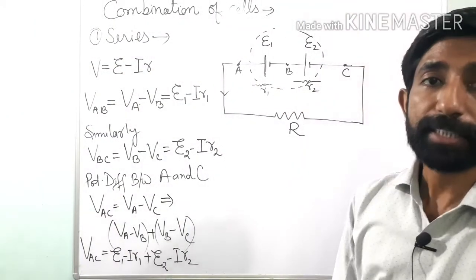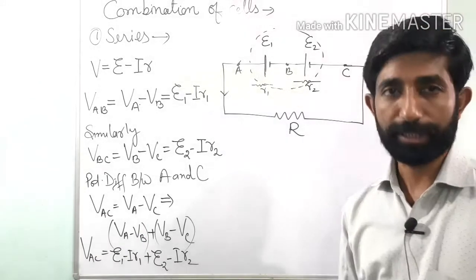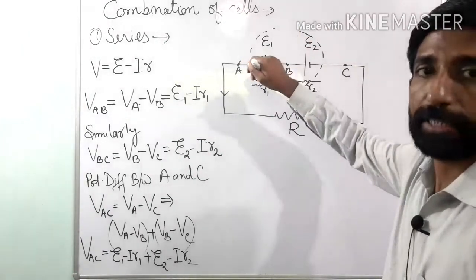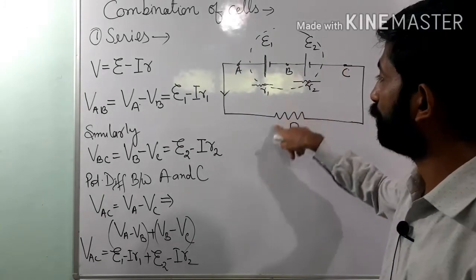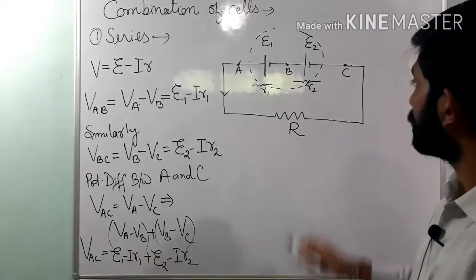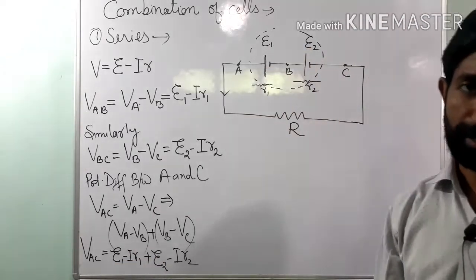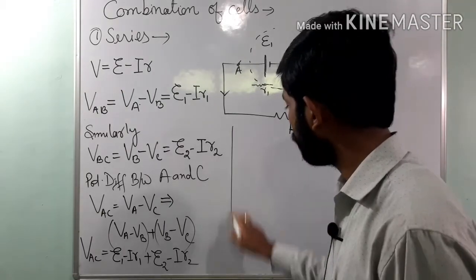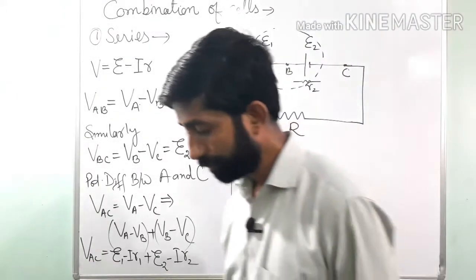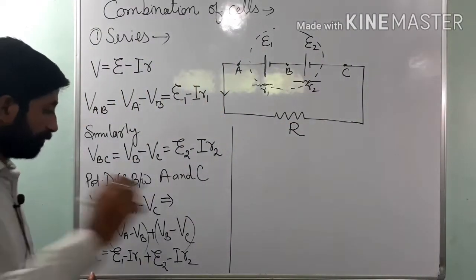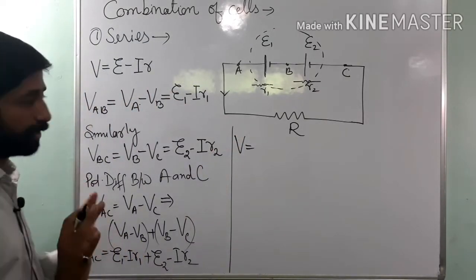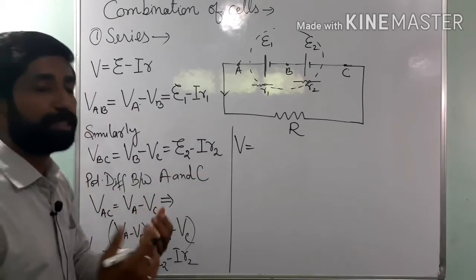VAC is very interesting. This is the terminal potential of the cell combination. Cell combination means, consider this is a single cell, right? And these are the end points through which the resistance is connected. Or we can say VAC is the potential across this resistance R. So I may write VAC simply as V, which is the terminal potential of this cell combination.